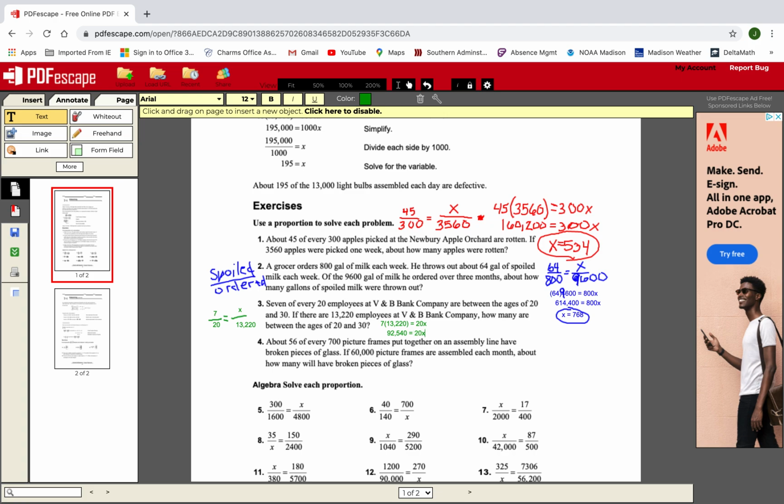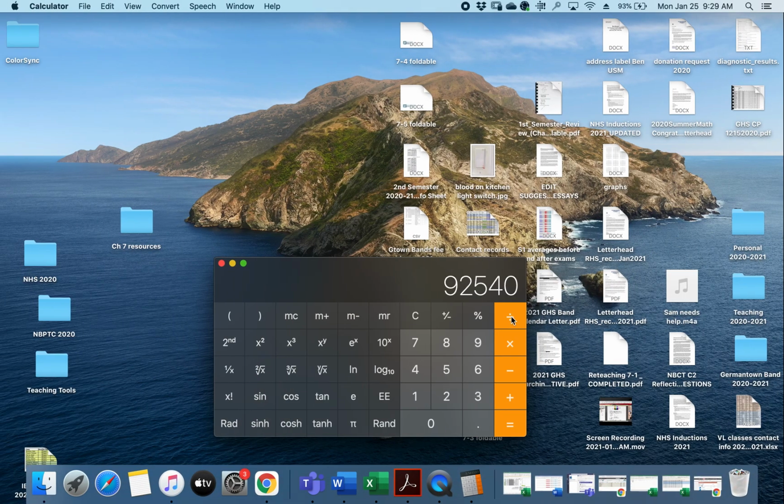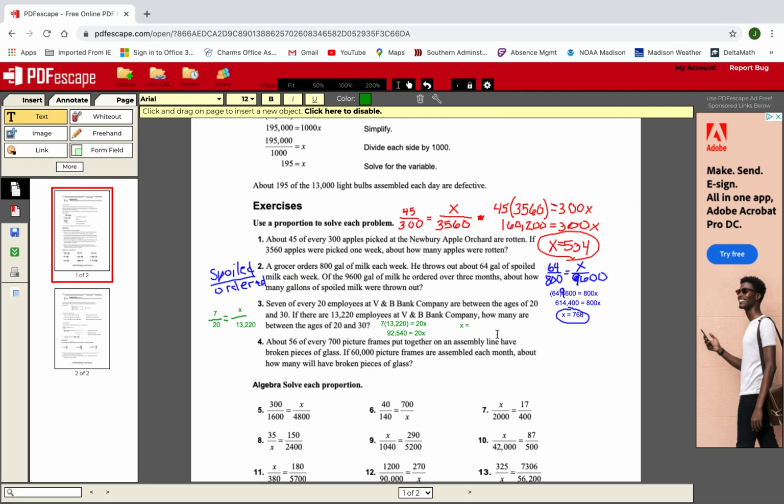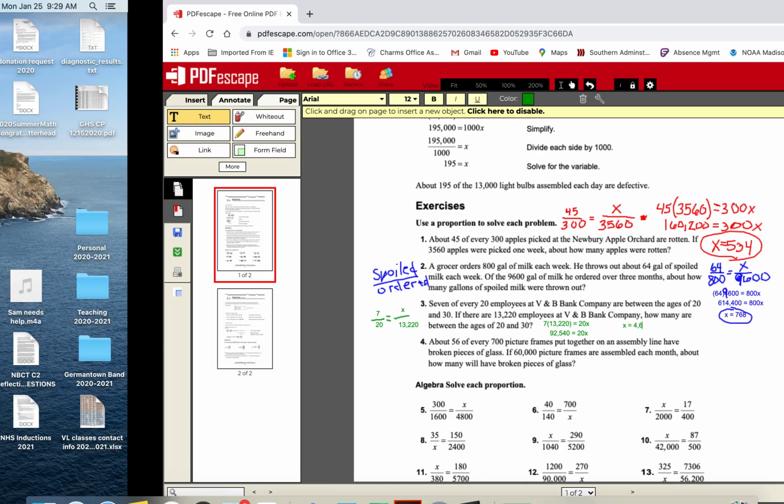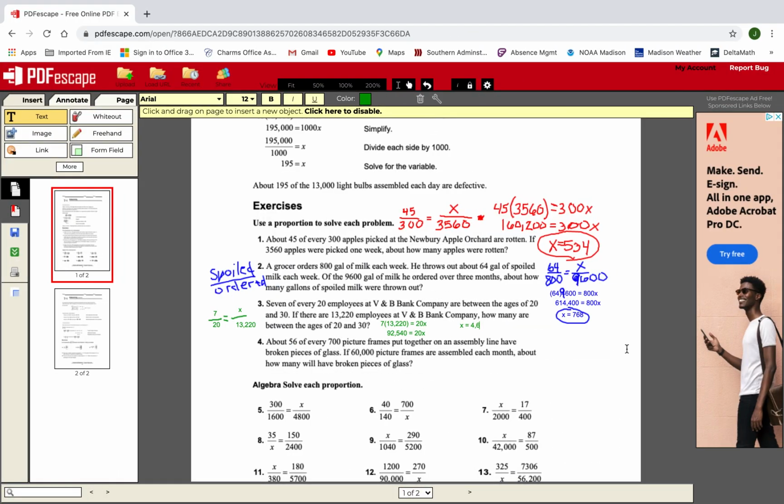I'm having us flip between screens, so stop me if I flub another number. Dividing both sides by 20. What did y'all get? 4,627? Yep, good. Okay.